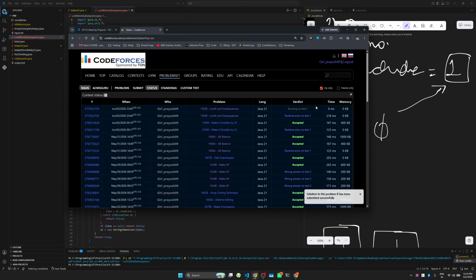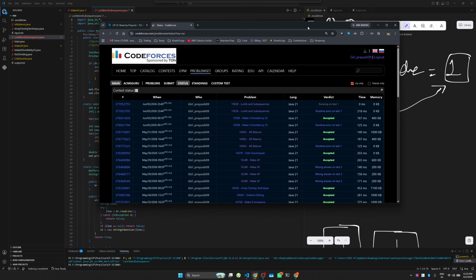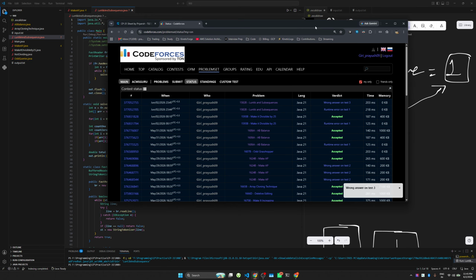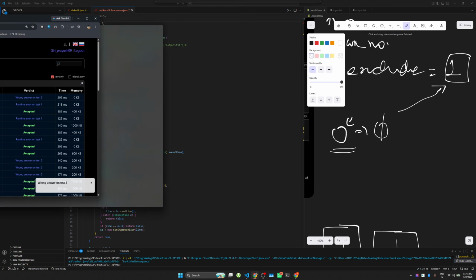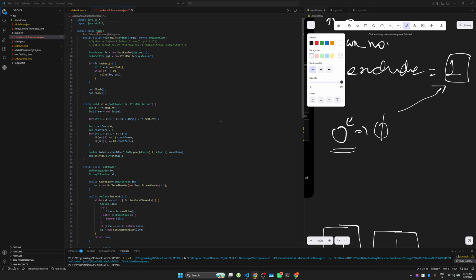The only issue that I'm thinking of is that double to int. I think the double to int is not the best thing to do. I used this math power function, but there's a very cute thing that we can do here using bitwise operations, which is 1L shift count.